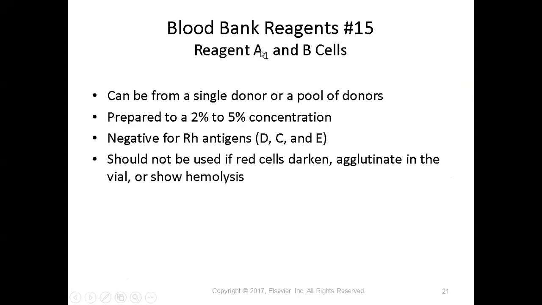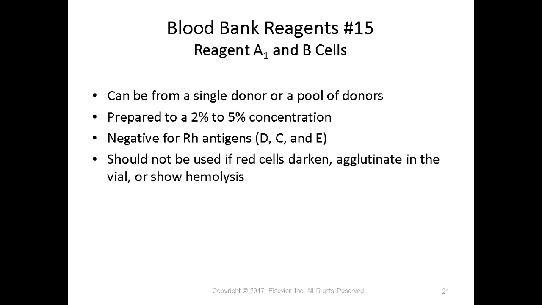Okay, so our reagent A1 and B cells can be from a single donor or a pool of donors when the manufacturer makes them. They are prepared and come to us at a 2 to 5% concentration. This is not straight whole red blood cells packed together. Think about in our last lecture how we talked about the zone of equivalence.